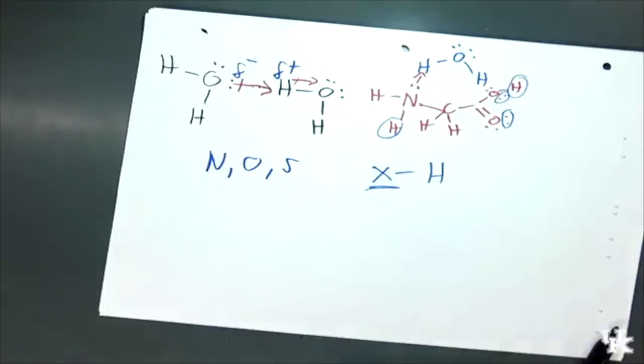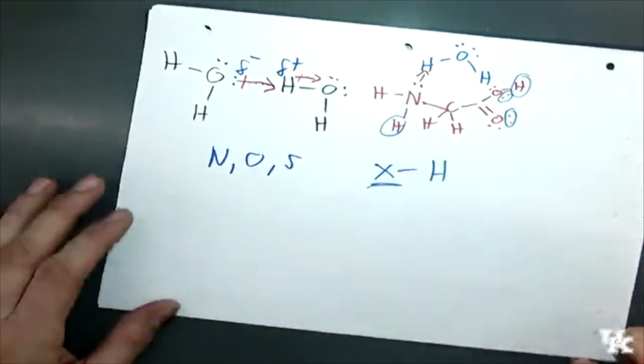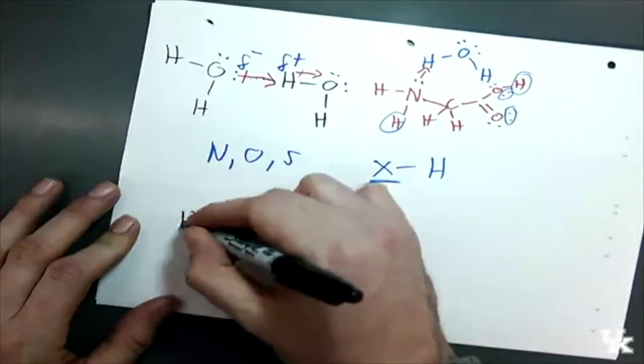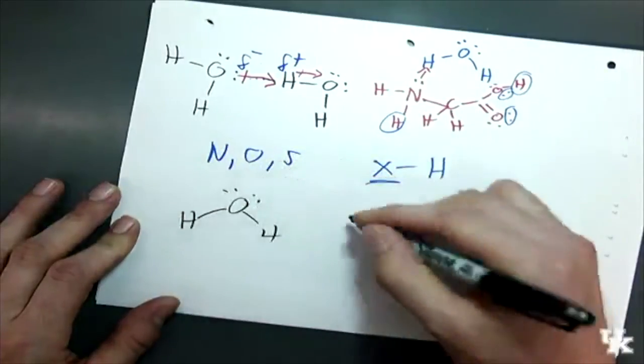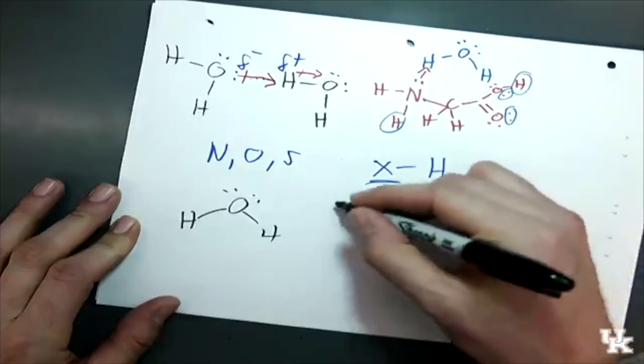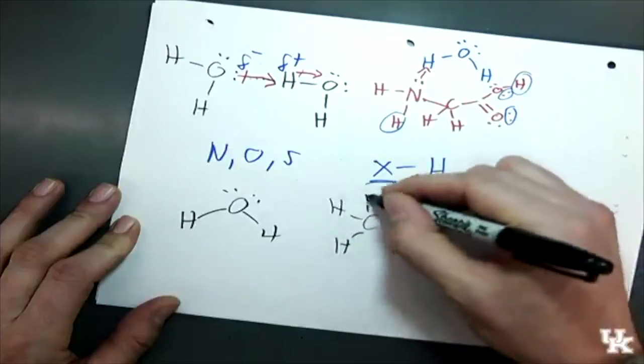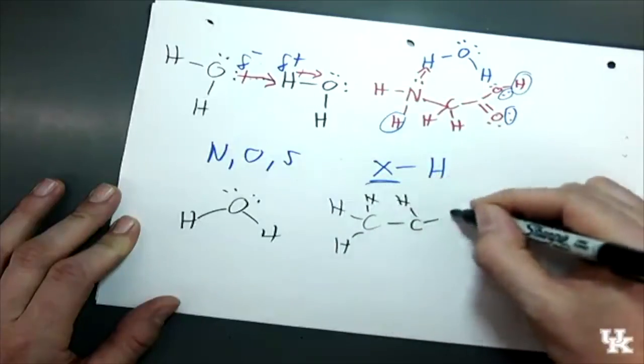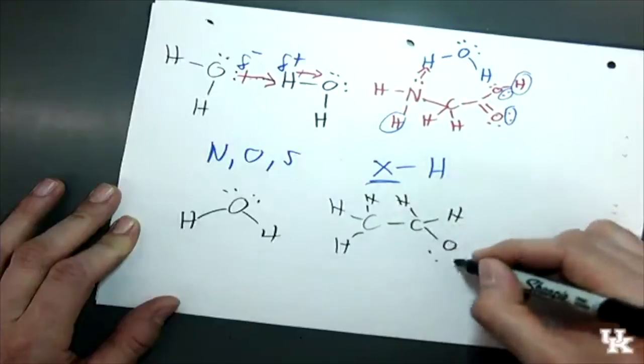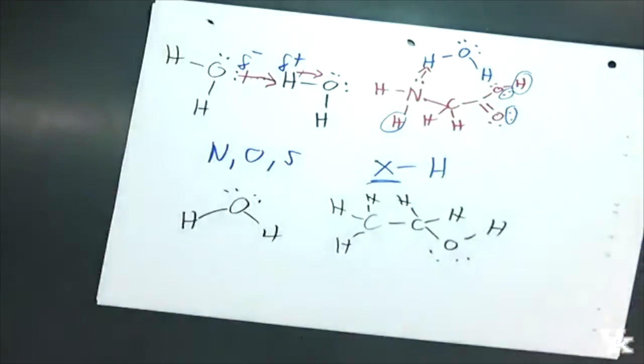Okay, last reason why that's important. You remember that slide in the beginning when I said what's different about water and ethanol? Water, ethanol. Now can you see what's different between these two molecules?